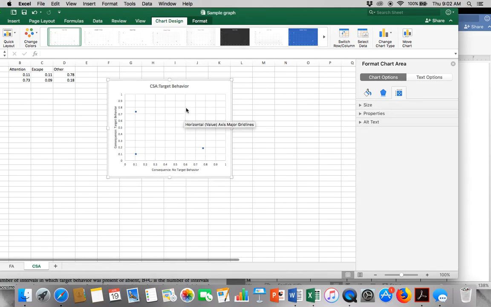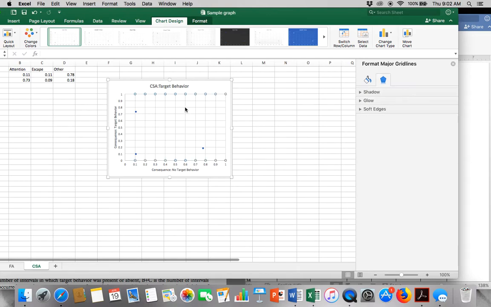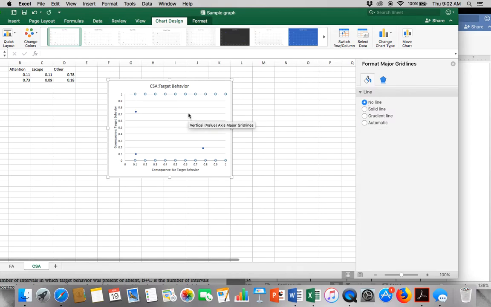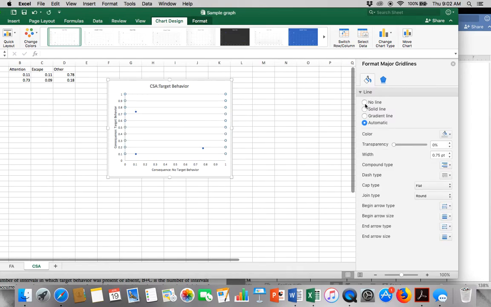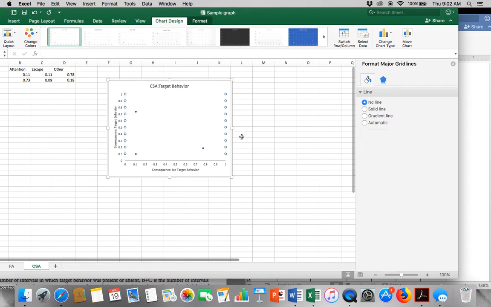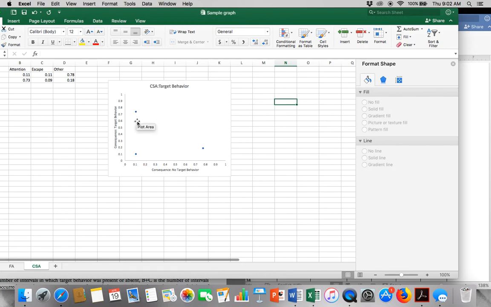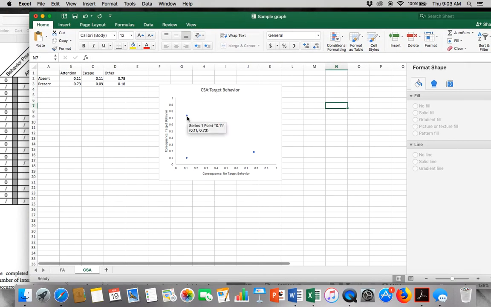Okay, so the next thing we need to do now is we'll take out these grid lines here, so no line. We do this by clicking no line. Okay, so now it's nice and open. The next thing we will do is change what each of these look like, and we'll make our key. So this point over here is 0.11 by 73, so that's our attention.